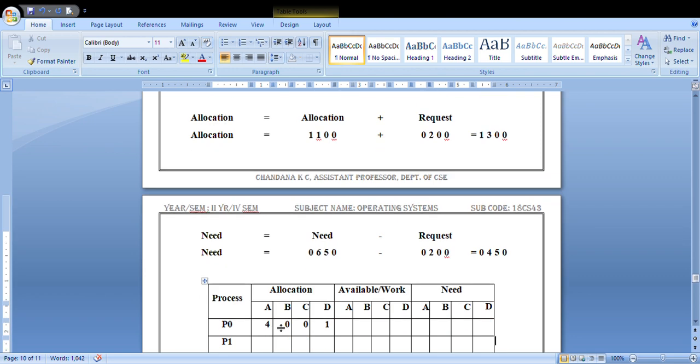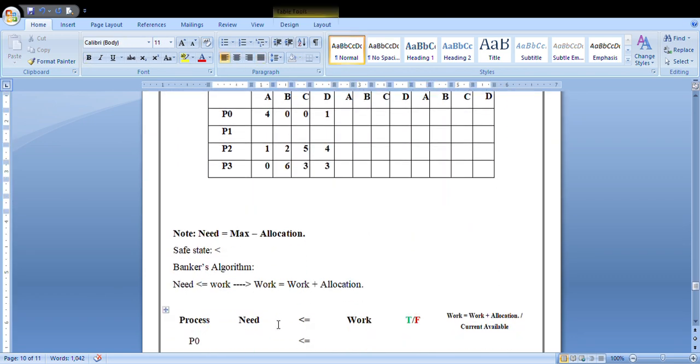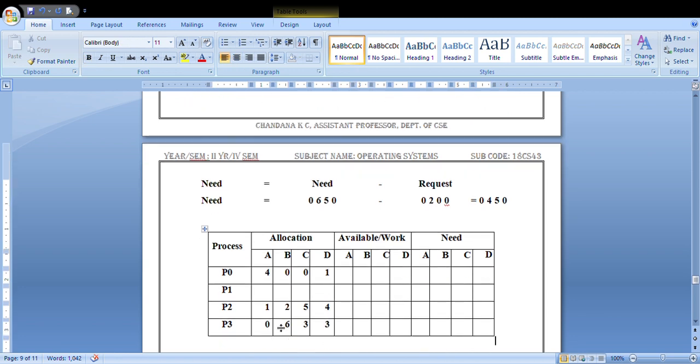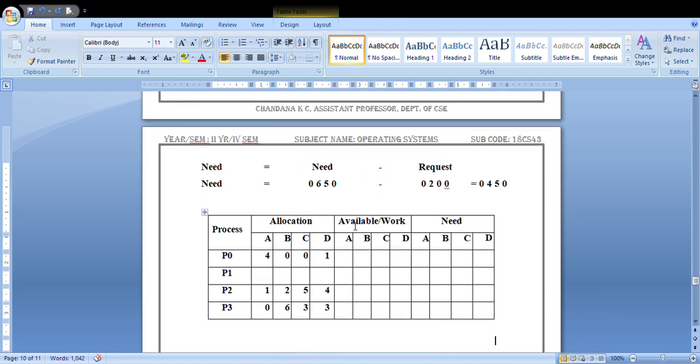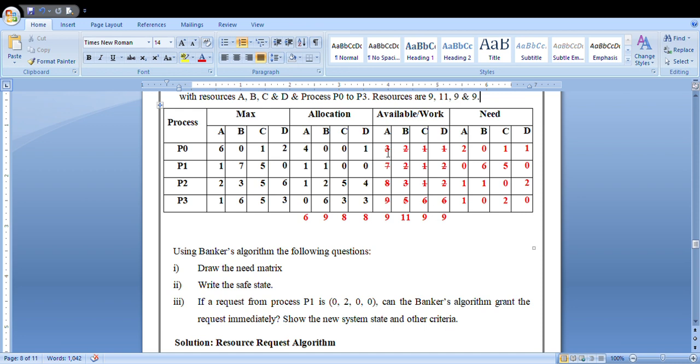Now you have to update this content in this particular table. While you are calculating, you need not specify the max value again. Here you can take only the allocation, available and need values. Just copy and paste the previous allocation and need values. Don't copy the available value, because you are calculating the available value anew from scratch.